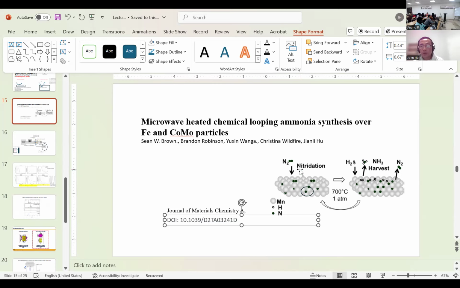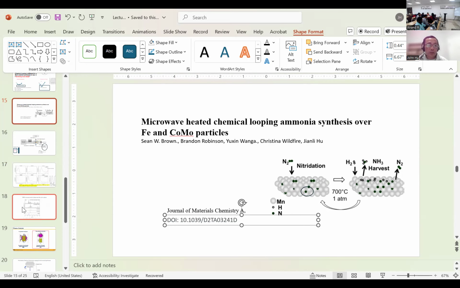How is nitrogen bonded with cobalt moly to begin with? Because you have to activate the nitrogen. It's called nitridation. Then what's the structure, the so-called active phase? That active phase will react with hydrogen to become ammonia. It's important to understand the active phase: cobalt moly reacts with N2 to form nitride.